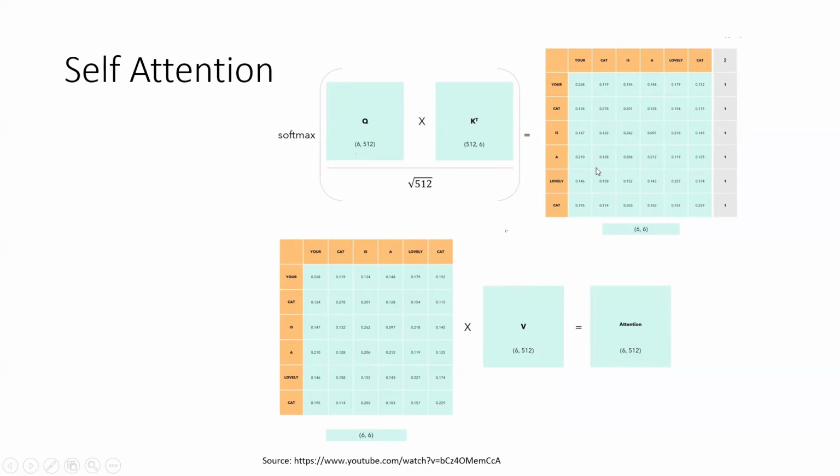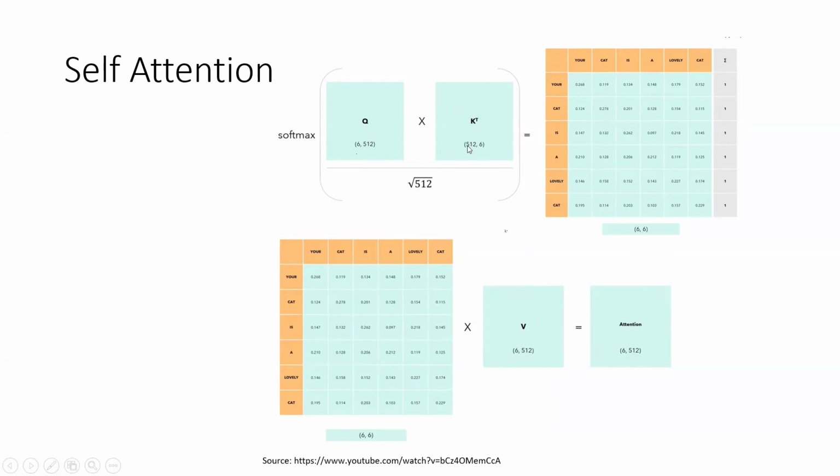Then you take this softmax value and multiply it with V. This is a 6 by 6 matrix. V is a 6 by 512 matrix, because all the Q, K and V are 6 by 512.